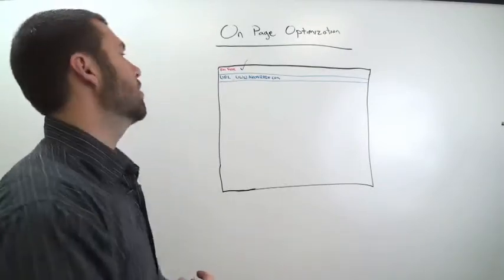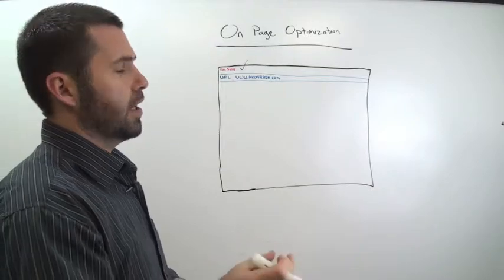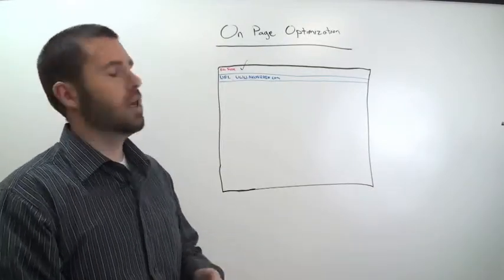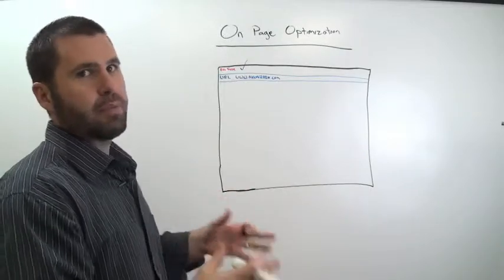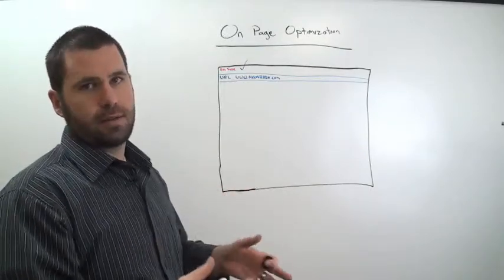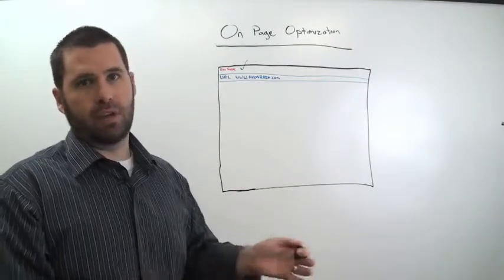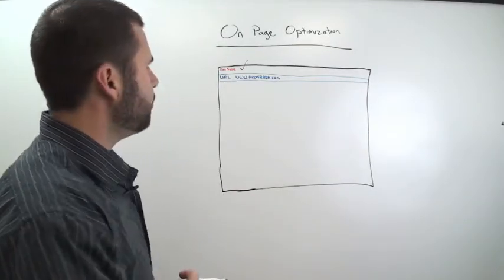But you want to keep it concise, about 160 characters, and you don't want to stuff it full of a bunch of other keywords. Like I said, whatever that page is about, make sure that is what's in the title tag, and not referencing the titles of other pages and things like that.